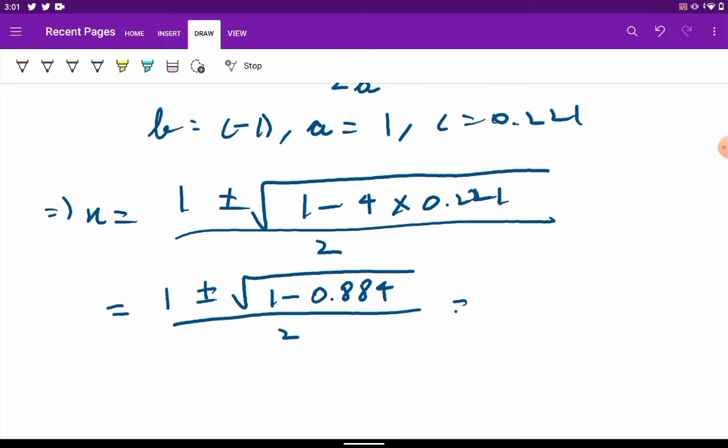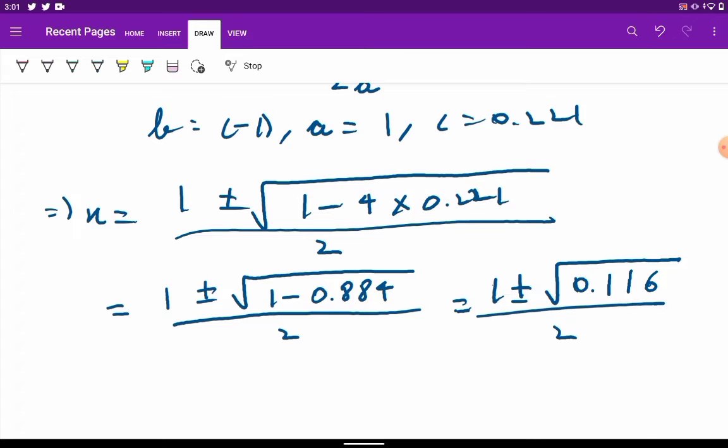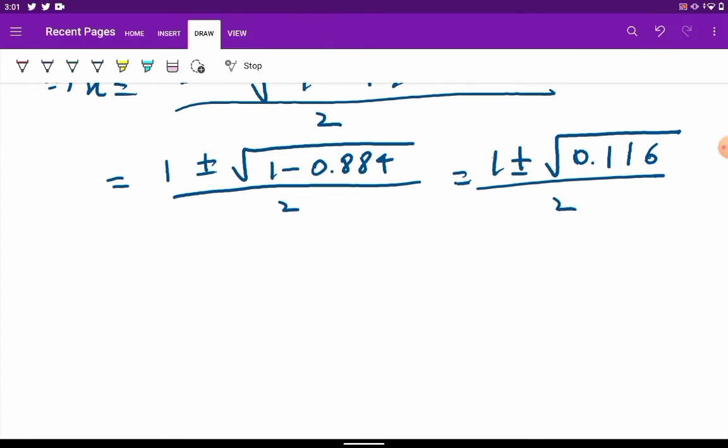So plus minus root over, so this is 0.116. Okay. So square root of 0.116.